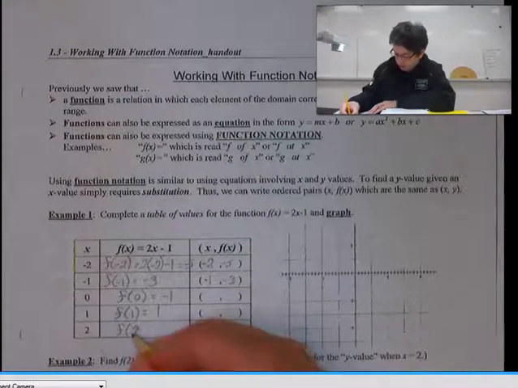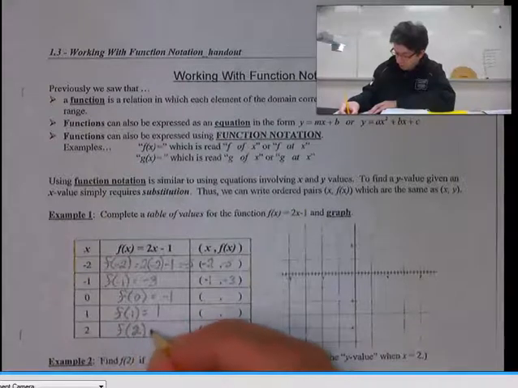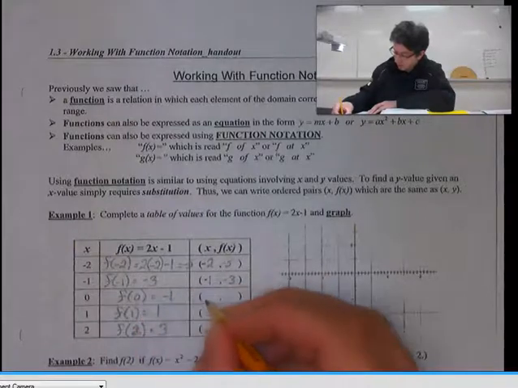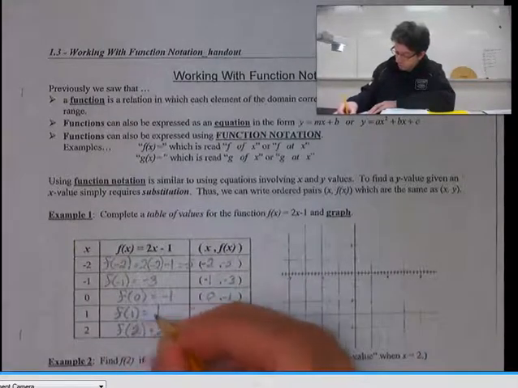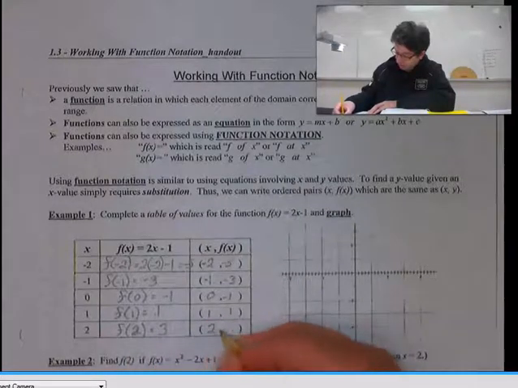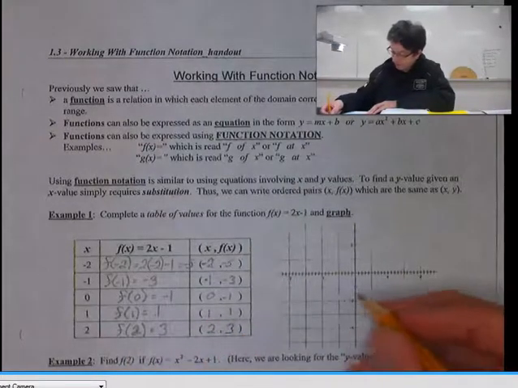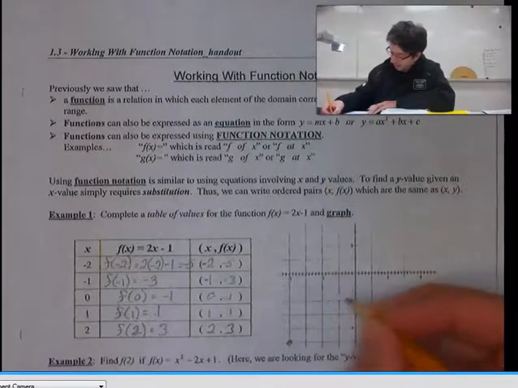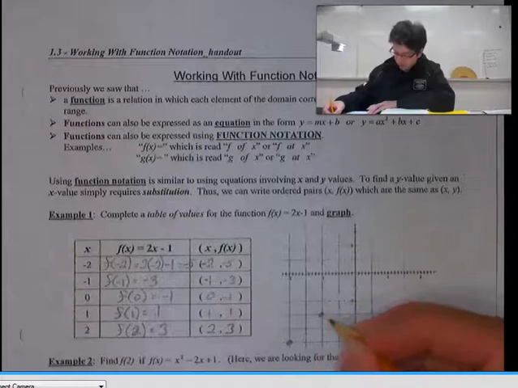F at 2, sorry. Then we have our coordinates: 0 and minus 1, 1 and 1, and 2 and 3. Then you can graph them all, minus 2 and negative 5, and I'm sure we're all familiar with graphing.